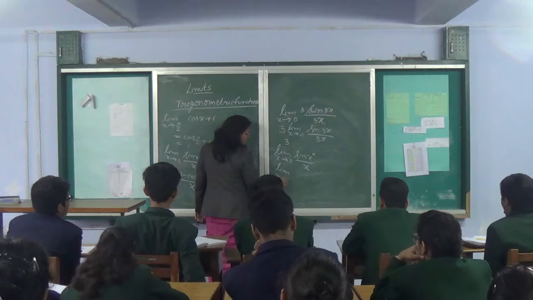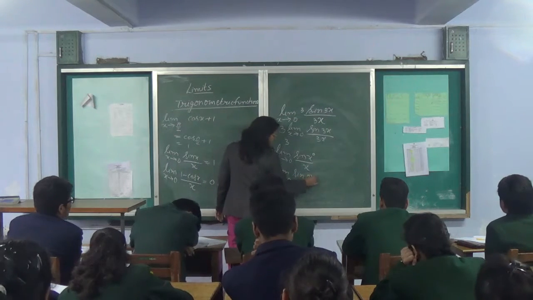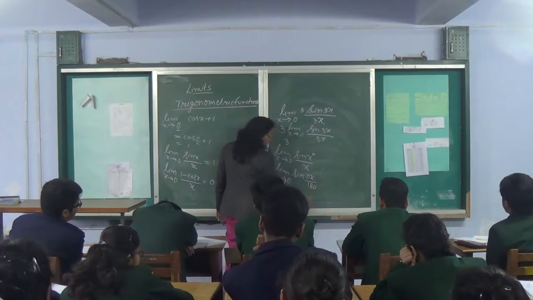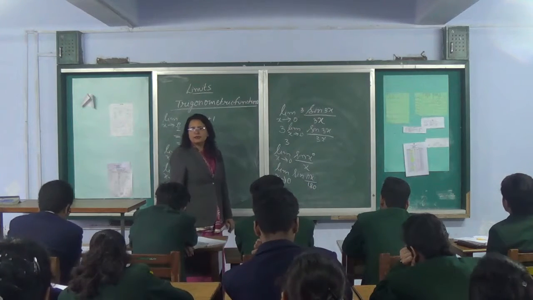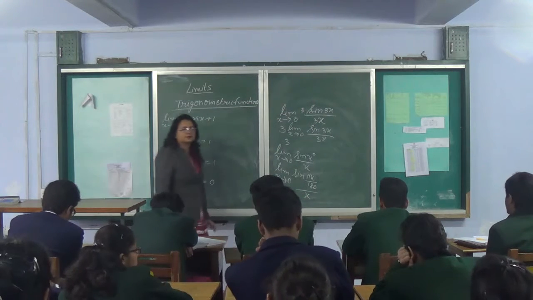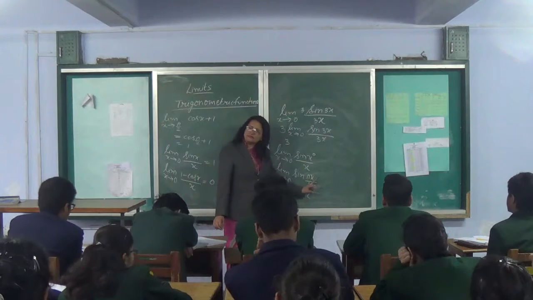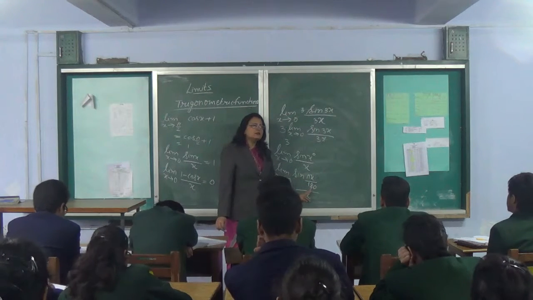It's limit x tending to 0, sine of pi x upon 180, right? Upon x. Okay, so when I have sine of pi x upon 180, now this is in radians.